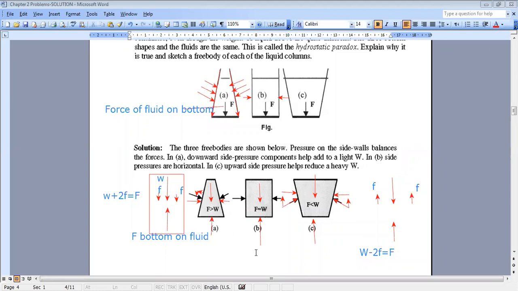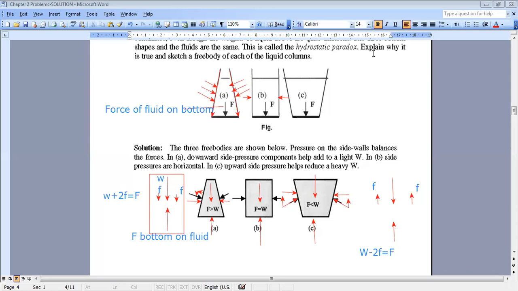Both have the same magnitude. So the magnitude of the force of the fluid on the bottom, which is downward, is equal to the magnitude of the force of the bottom on the fluid, which is upward. So when you take the fluid as your system, you will put F upward. Thank you, Doctor. Okay. Any other question on this?